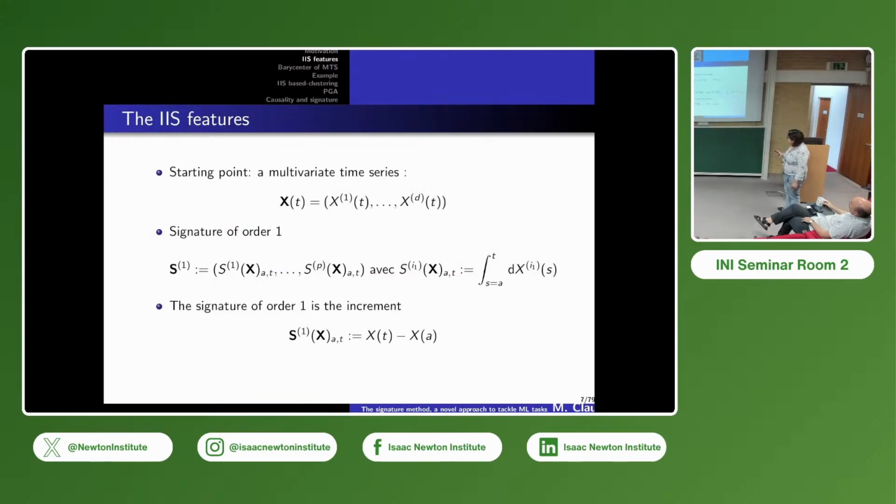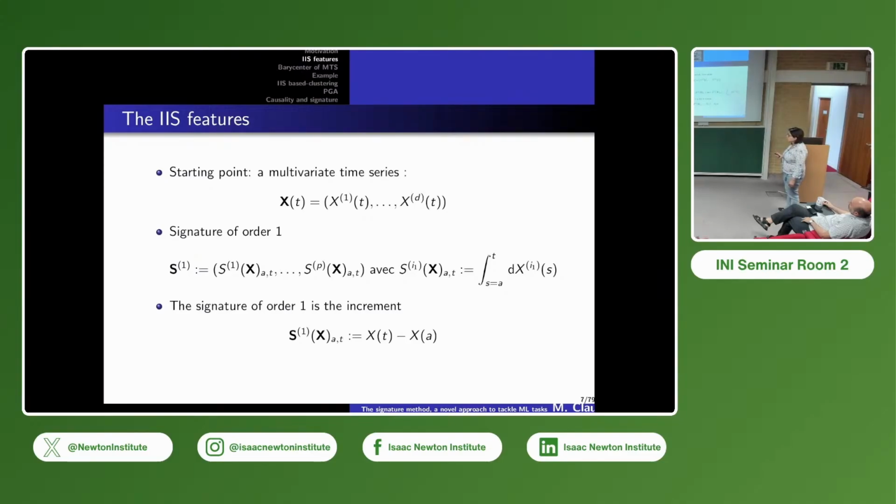First, these features are very simple. You have a multivariate time series, and what you are considering, basically, are integrals of this time series. At order 1, you are considering the average, the difference, the increment of this time series.